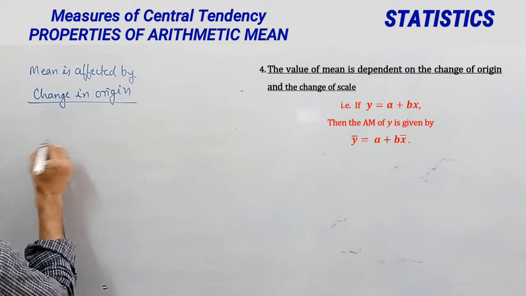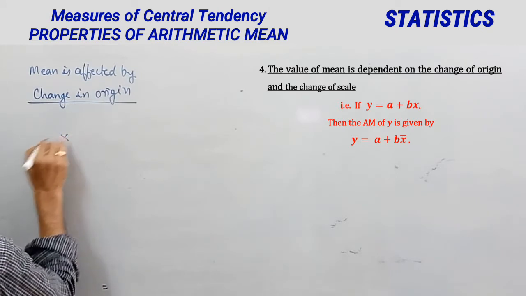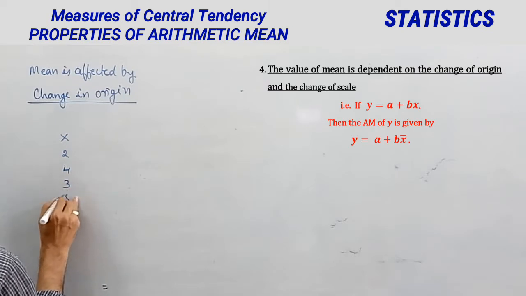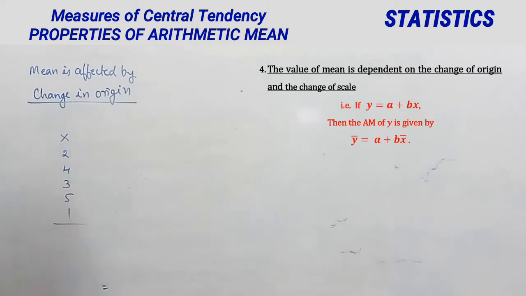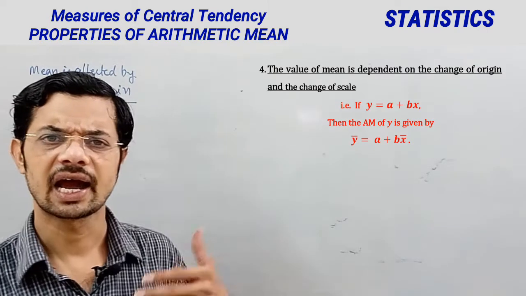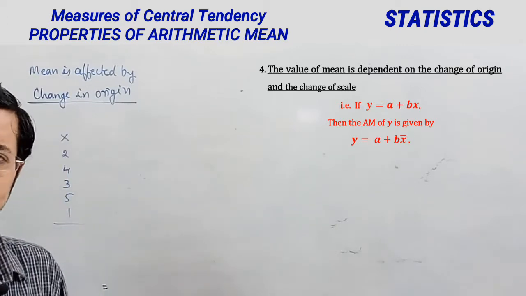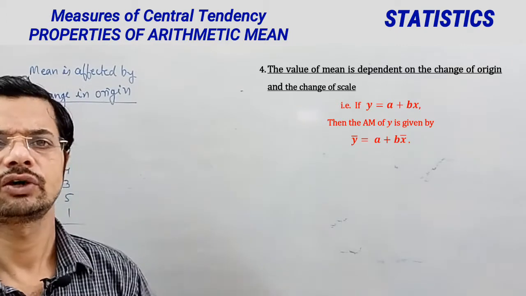The example is x equal to 2, 4, 3, 5 and 1. Same example but in a different way. Now what happens to the mean when there is a change in origin? Change in origin is nothing else but either adding or subtracting a fixed value to each and every observation of the data.